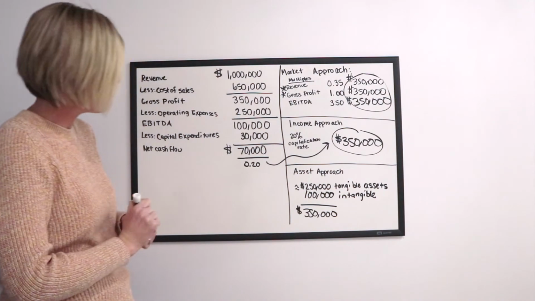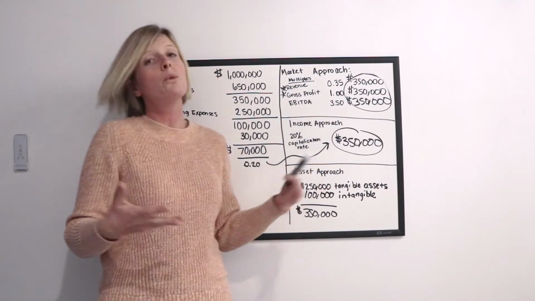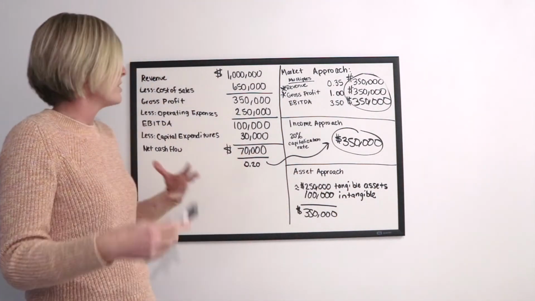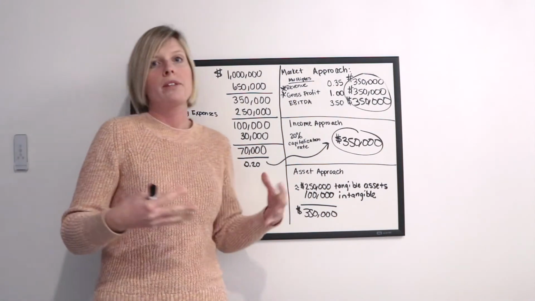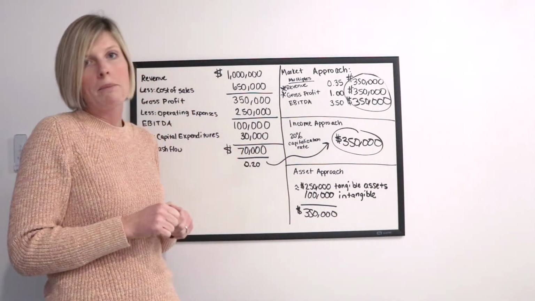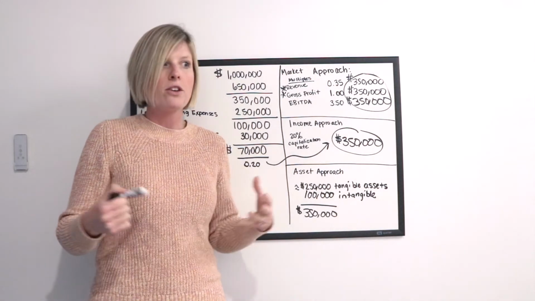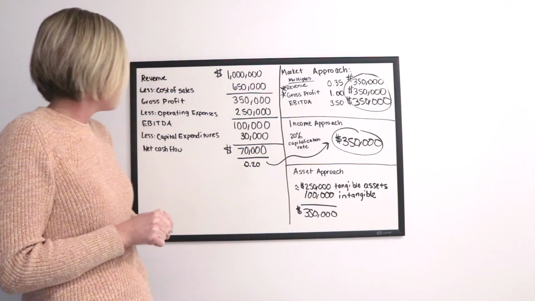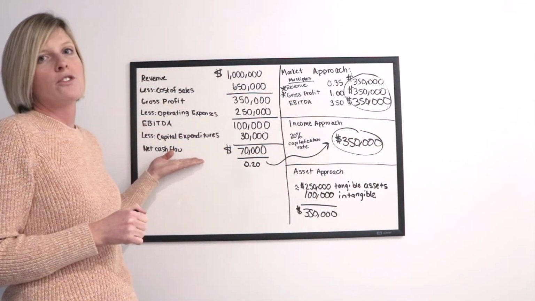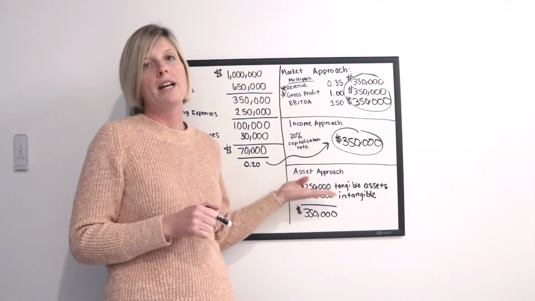So in other words, maybe we have 100,000 of goodwill in this company, goodwill that's derived from customer relationships, reputation, other things that make our company able to generate a higher cash flow than just the tangible assets alone.